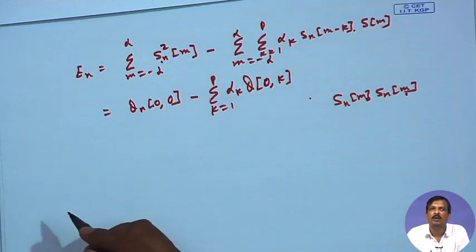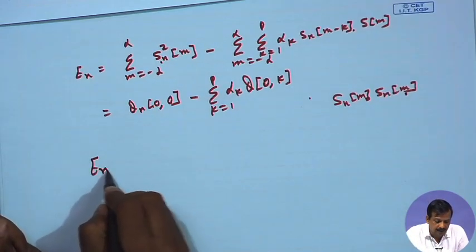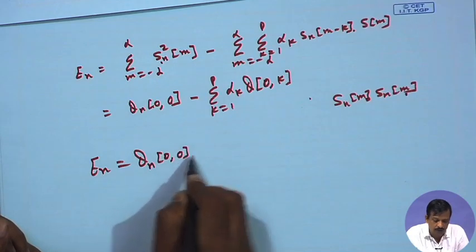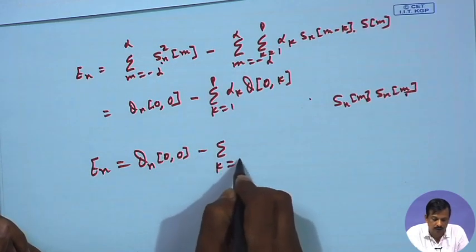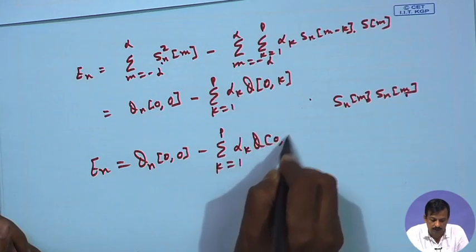Here i is 0 and k is there, so phi of 0 k. So, E n is phi n 0 0 minus the sum over k equal to 1 to p of alpha k phi of 0 k.